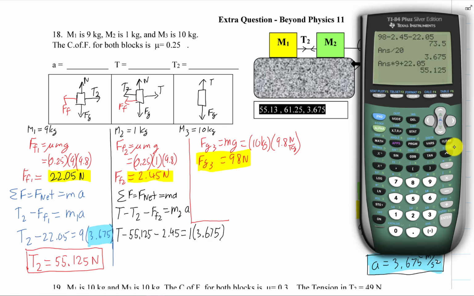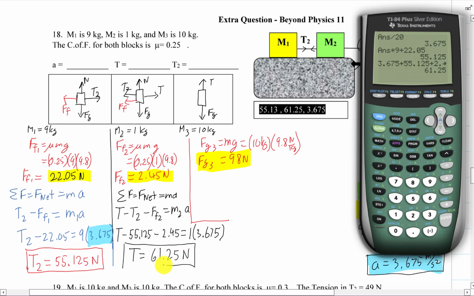It's going to be 1 times this plus that number plus that number. When they come over to the other side, they become positive. So it's going to be that number plus that number plus 2.45. And we get T is equal to 61.25 newtons.